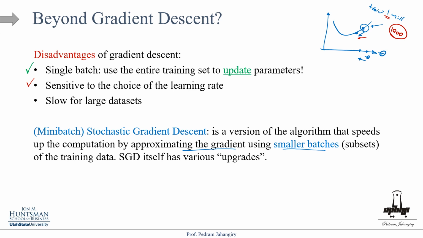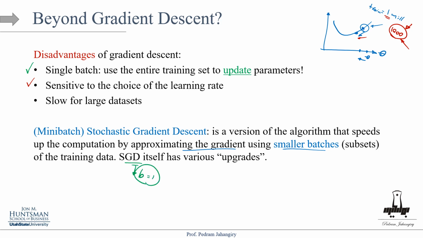So what is the difference between mini batch gradient descent and stochastic gradient descent? In mini batch gradient descent, the batch size is larger than 1. So obviously you have more than one observation, let's say 2, 10, or 1,000 as in this example. In stochastic gradient descent, the batch size is equal to 1.